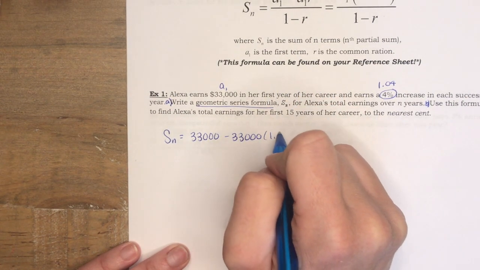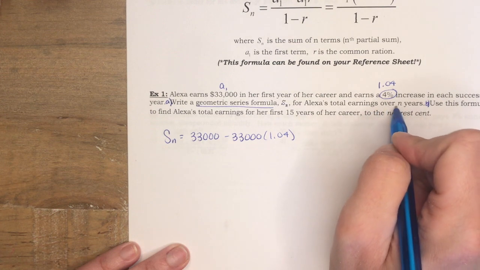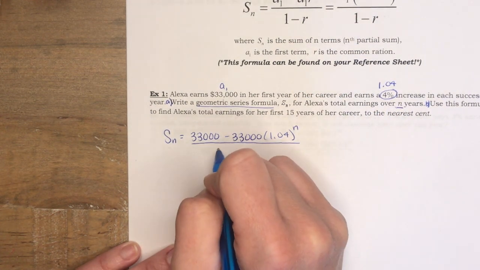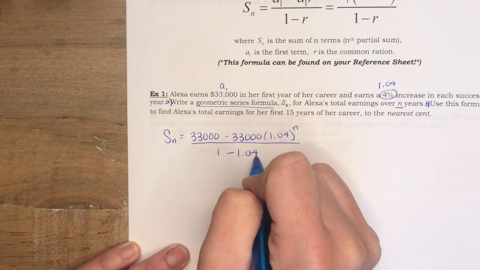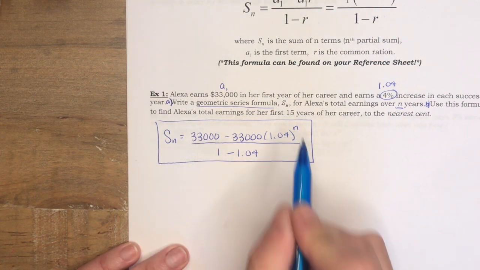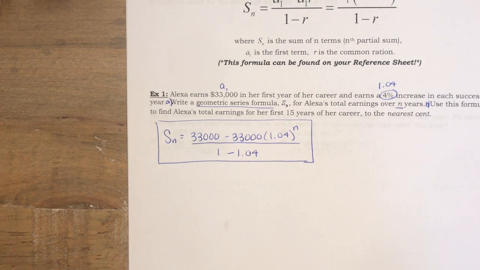So that's going to be 1.04. And I want the formula for n years. So I'm leaving n as is. And then 1 minus r on the bottom. So this is my formula, right? N is in there. So that means I can use that for any n that is possible.